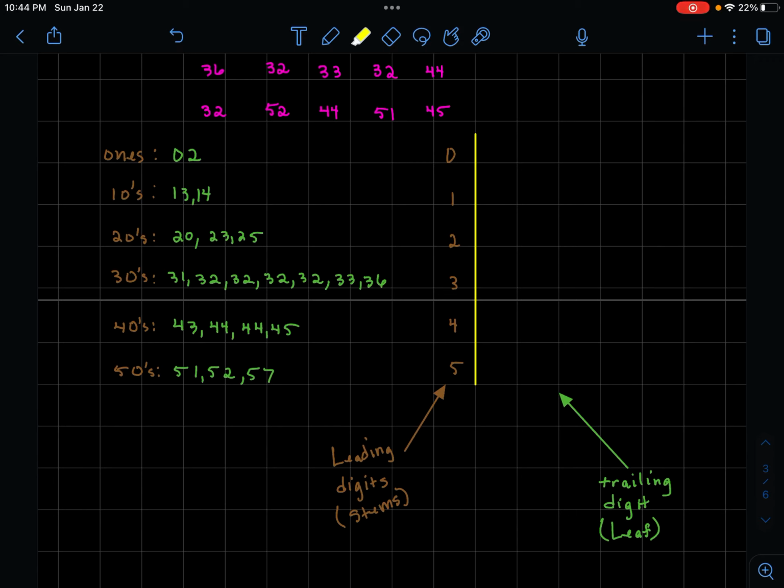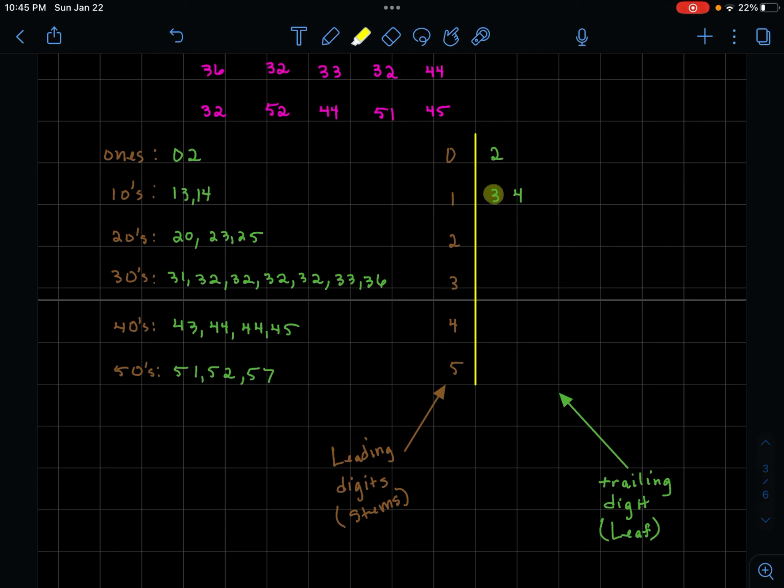So there are all of my stems, the leading digits from our numbers, and the trailing digits are what comes after. For example, let's look at 1 for our stem. Any number that comes after the 1 will go on the right side of the line as our leaf. For the ones digit, we only had a 2.